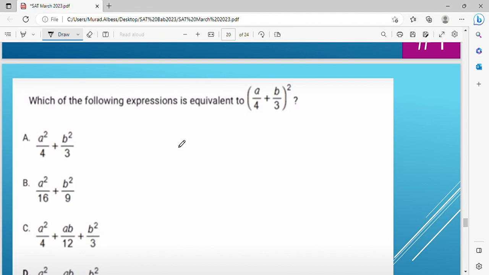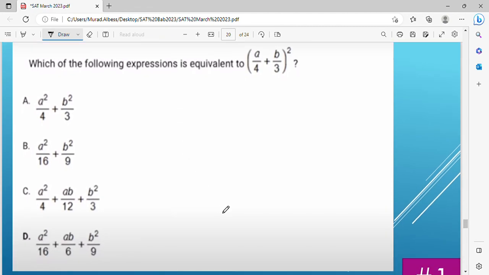Which of the following expressions is equivalent to (a over 4 plus b over 3) squared? There is a rule. If I have (a plus b) squared, it means a squared plus 2ab plus b squared.